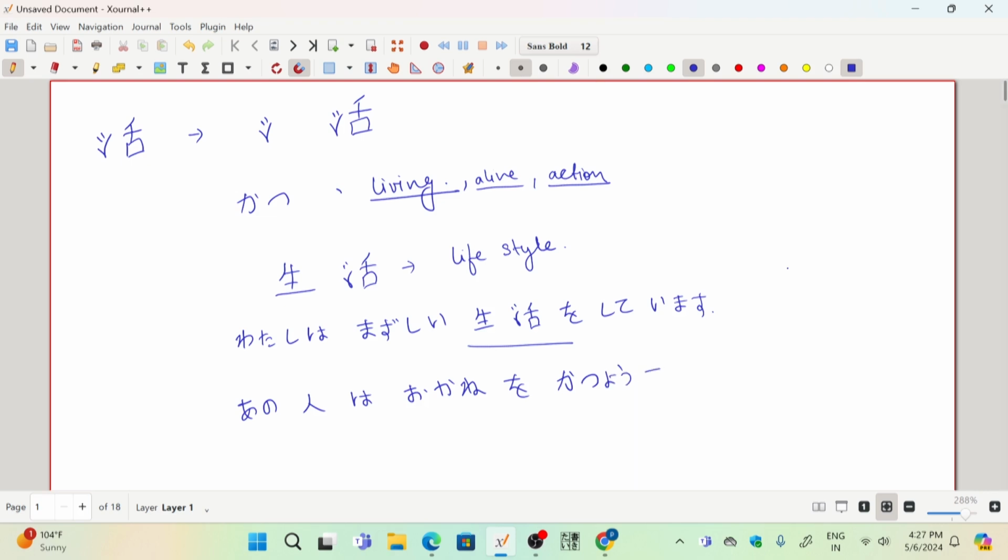Katsuyo suru. So this katsuyo means make a practical use. So that person makes a practical use of his money.